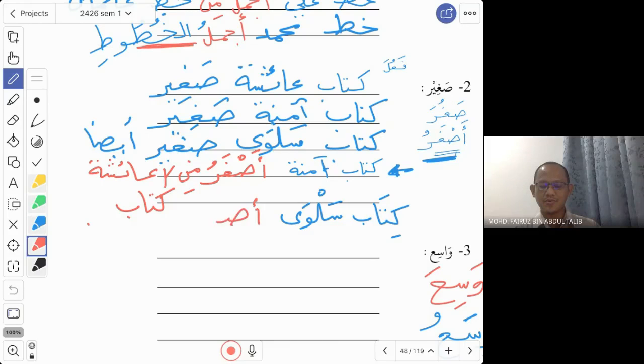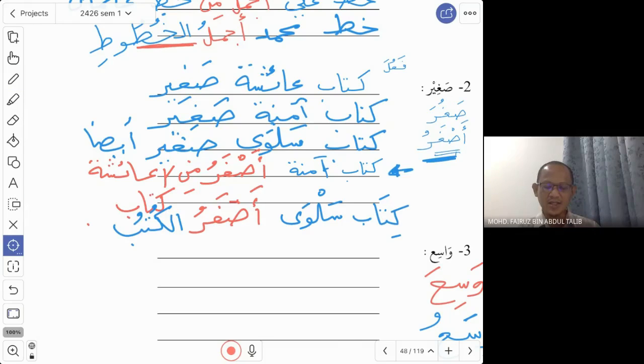Okay, what is the word after that? Al-Kutub. You have to change the word to jama because you want to say the smallest among these. Of course, you need to use a jama word. The smallest among the books, you have to say Asgharul Kutub. Change it to jama. So this is the superlative form, and number 4 is the comparative form.